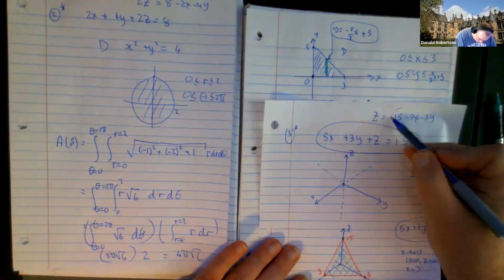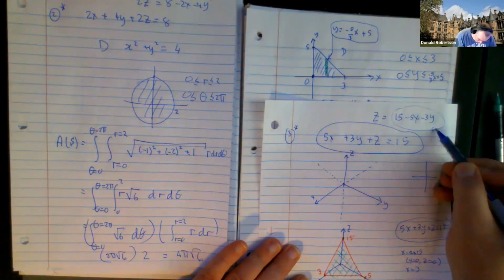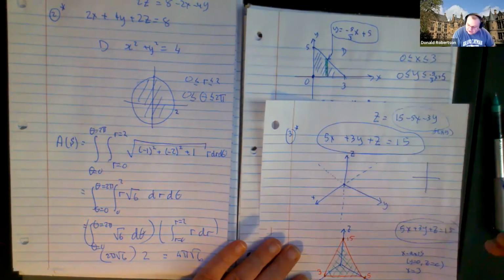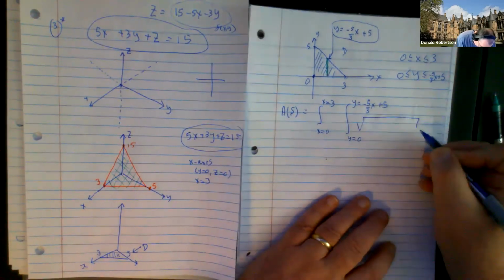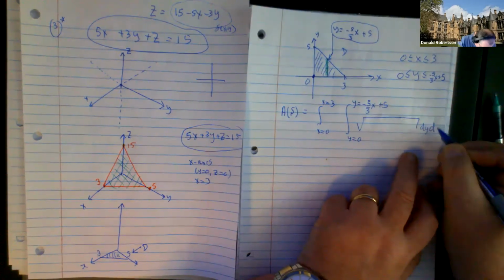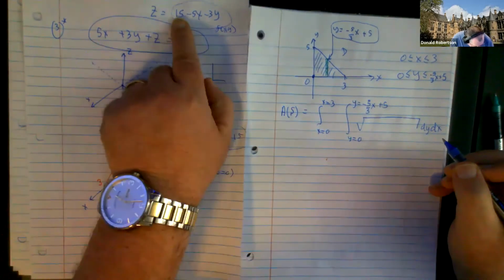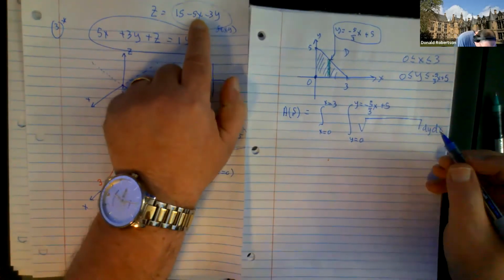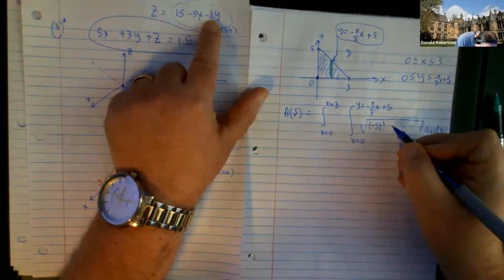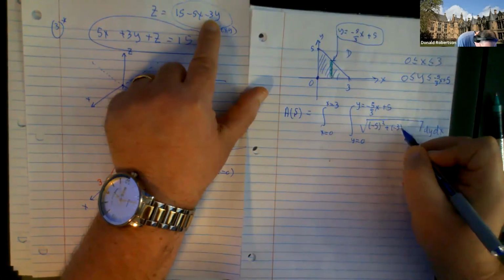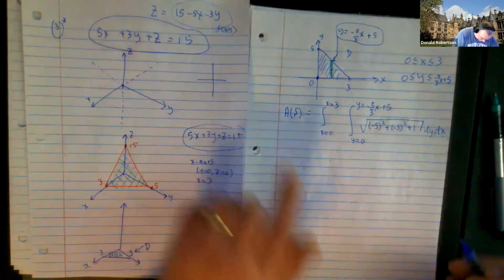Because I need to know this, essentially f of x, y. So z equals, square root of, if you differentiate this with respect to x, you get -5 and then you square it. With respect to y, you get -3 and you square it, plus 1.